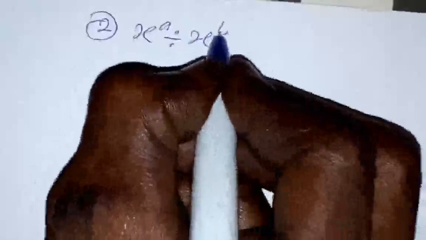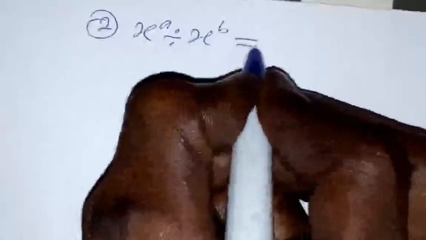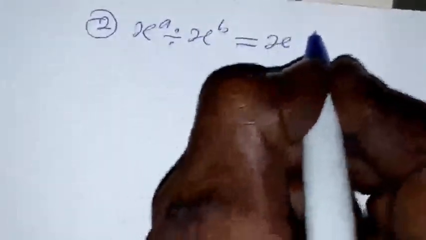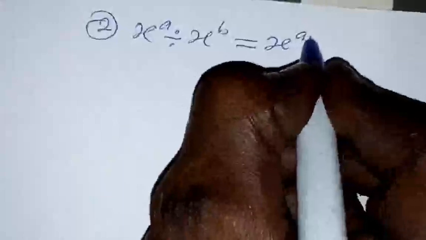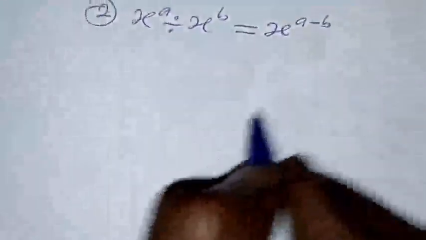The second law of indices is called subtraction law, and it says that if we have x power of a divided by x power of b, this can simply be expressed as x power of a minus b.